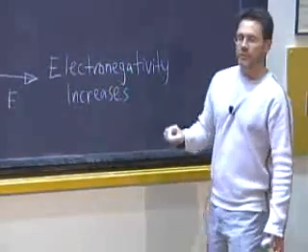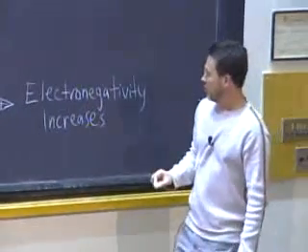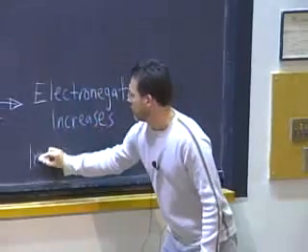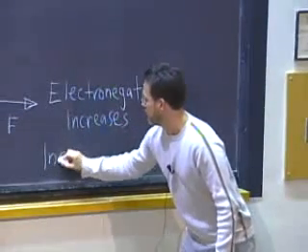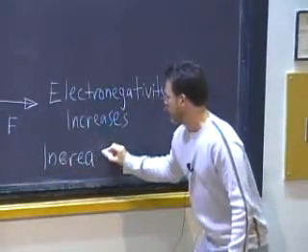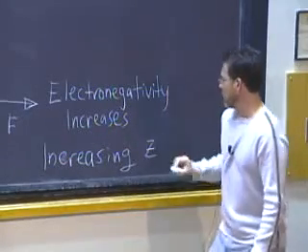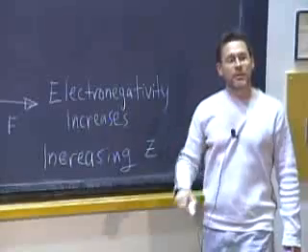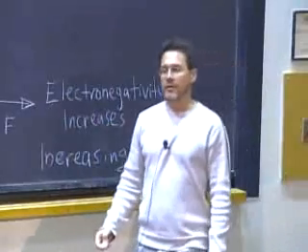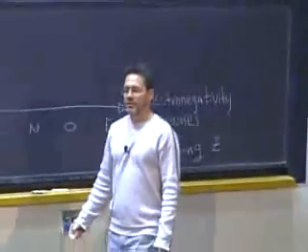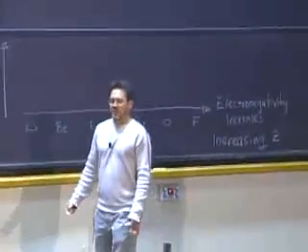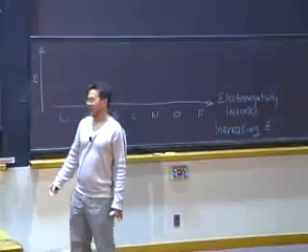This increases from left to right across the periodic table in concert with increasing Z. That is the increasing atomic number. That is the increasing number of positively charged protons in our nucleus as we go across.